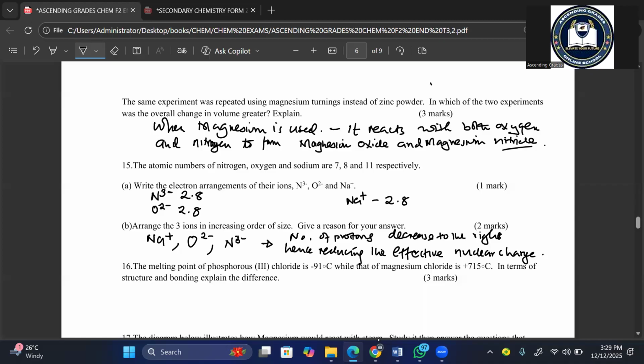So phosphorus 3 chloride has a simple molecular structure with weak van der Waals forces.